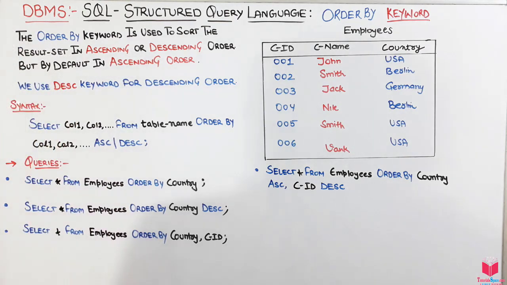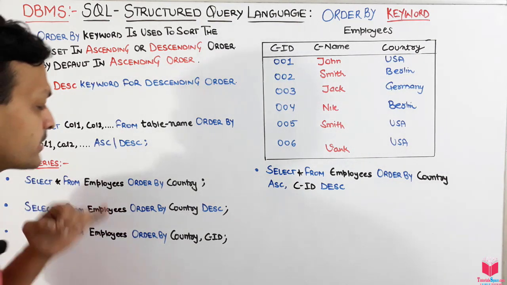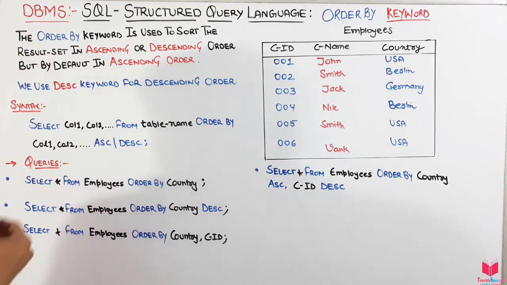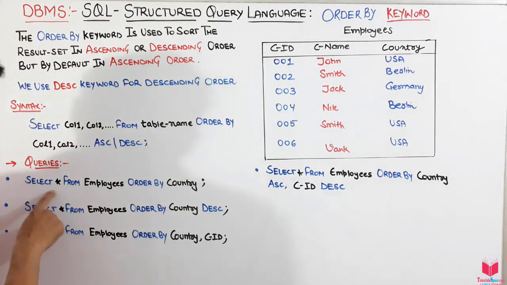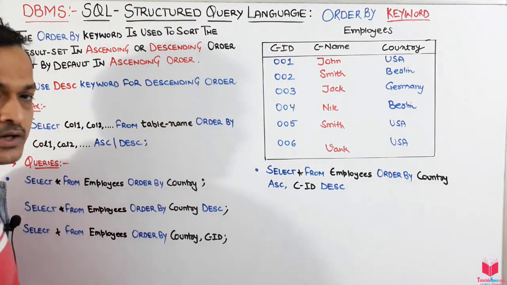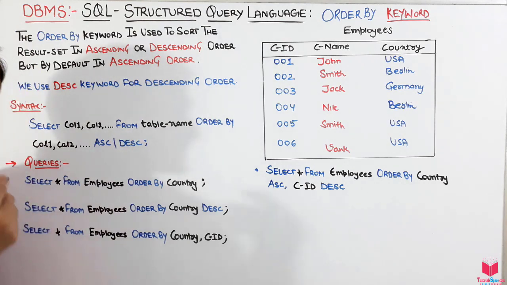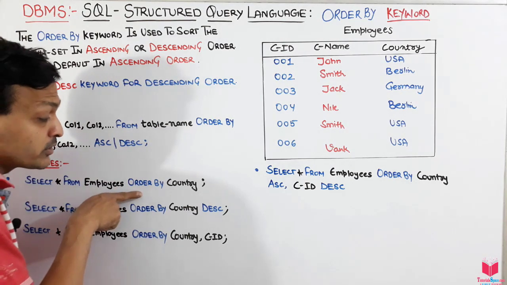Let's see some queries and check what the output will be. The first is SELECT * FROM employees ORDER BY country. This query says select all the attributes from the employees table, with the condition ORDER BY country.